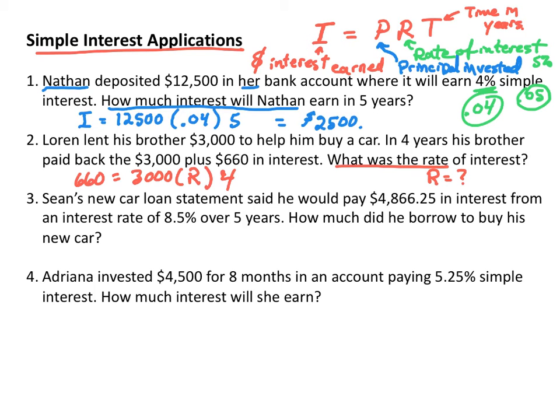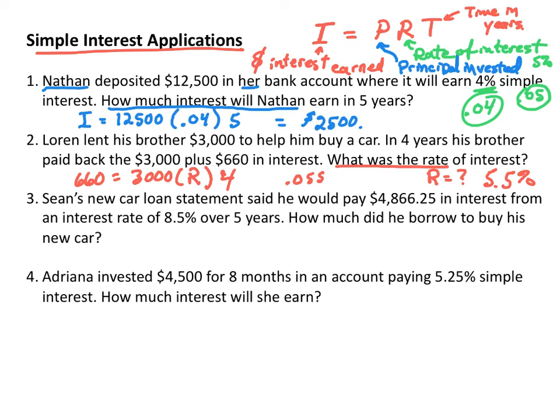Okay? 4 times 3,000 would be 12,000, and 660 divided by 12,000 is 0.055. Now, since that is 0.055, write that as a percent. So that would be 5.5%.